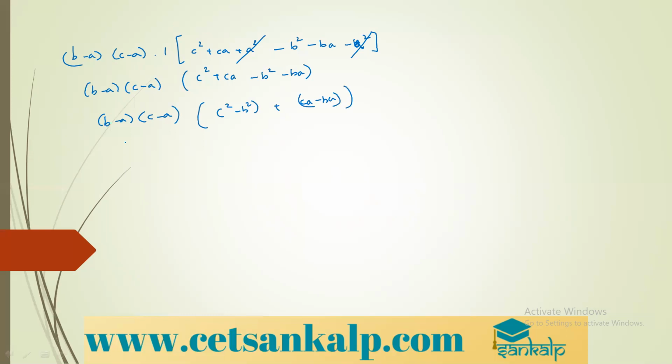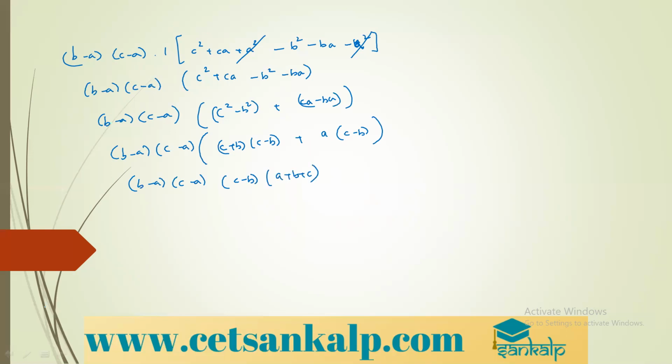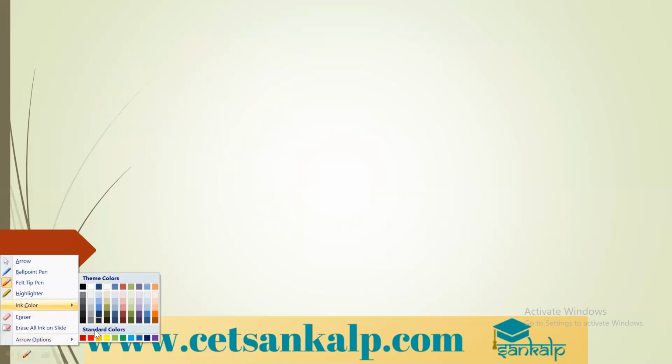I can write C square minus B square as C plus B into C minus B, and I can take A common, so C minus B. Now I can take C minus B common, so I have A plus B plus C. So in the options, I will be selecting this one, and it is there in the options. So I think we can do one more question and end the class.